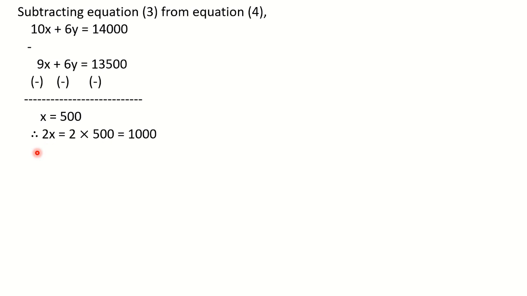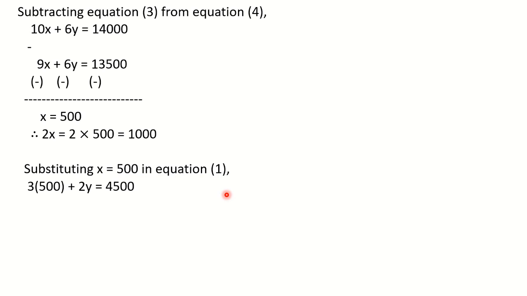Now we have to find the value of y. For that purpose, we can put this x is equal to 500 in any one equation. Equations number 1 and 2 are simpler, so you can put it there. So let us make use of the condition. Substituting x is equal to 500 in equation 1, which is simpler. See, what is equation 1? 3x plus 2y is equal to 4500. So in place of x, we are writing 500. 3 into 500 plus 2y is equal to 4500.